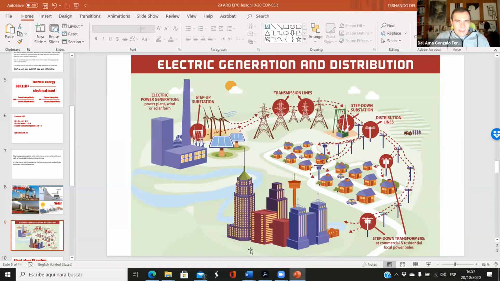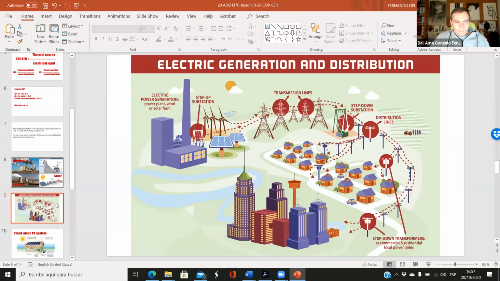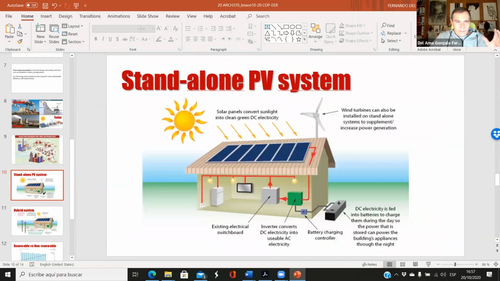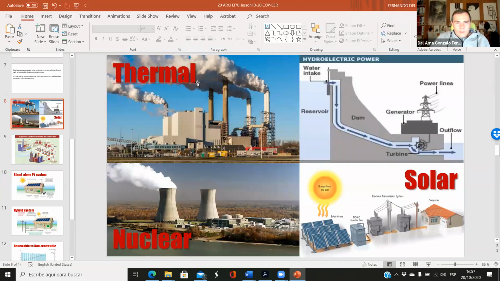But looking at this, if we have residential areas, we can change the way we're dealing with the electricity, and we can have the standalone PV system. With this kind of system, we don't need energy from plants. We don't need thermal plants, nuclear plants, hydroelectric power, or even these solar plants out in the middle of nowhere. Okay.